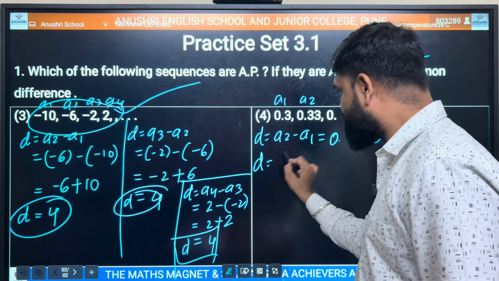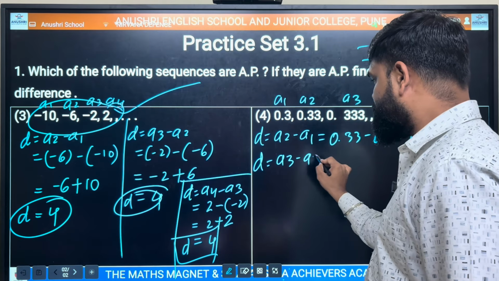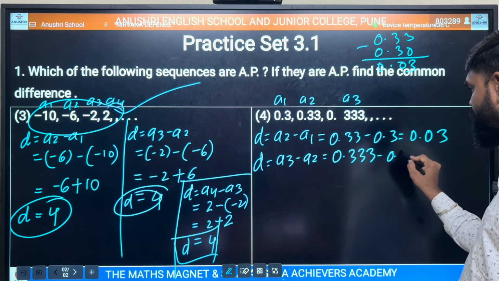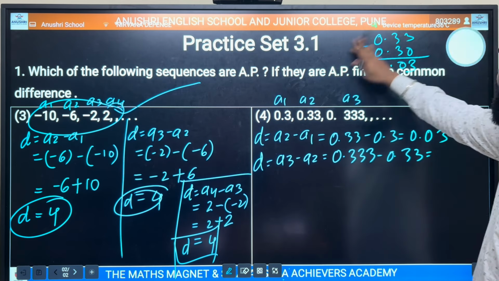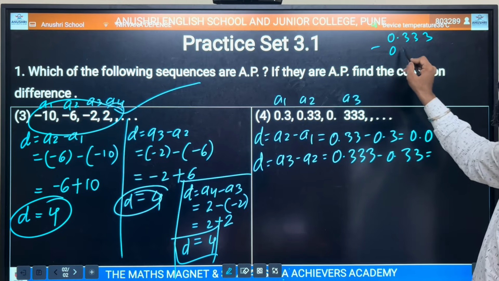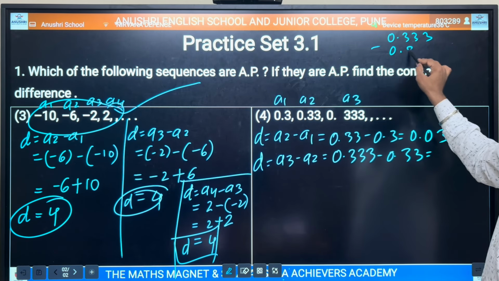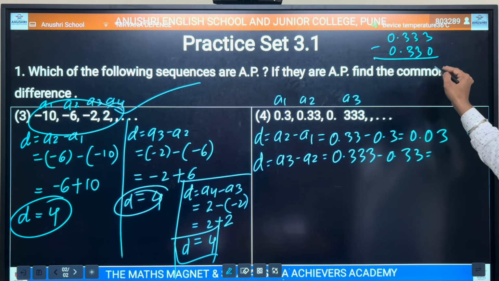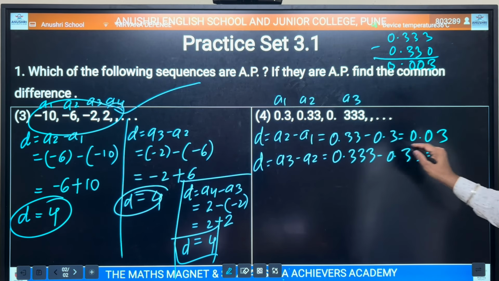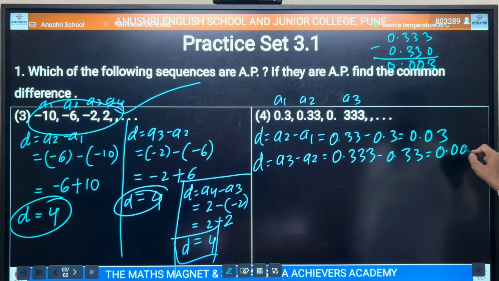Let us find next A3 minus A2. So that will be 0.333 minus 0.33. So we will have 0.333 minus 0.330, and we got 0.003.